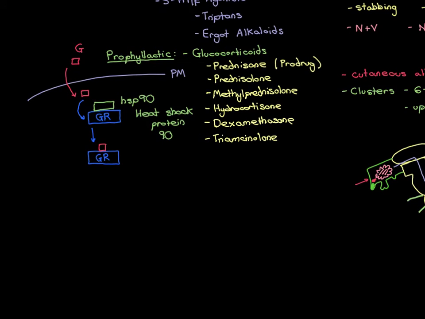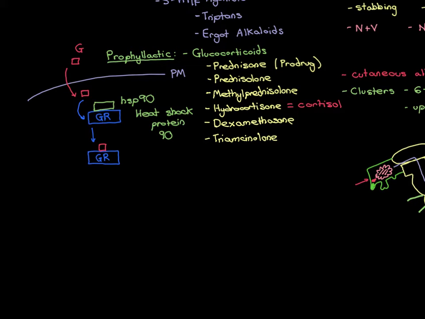And I should probably just give you a little bit of motivatory background. Remember, all of these drugs are analogues for a natural molecule in the body, and the natural molecule is actually hydrocortisone, although it's not usually called hydrocortisone. When it's produced by the body, we call it cortisol, and it's an important steroid hormone in the body.